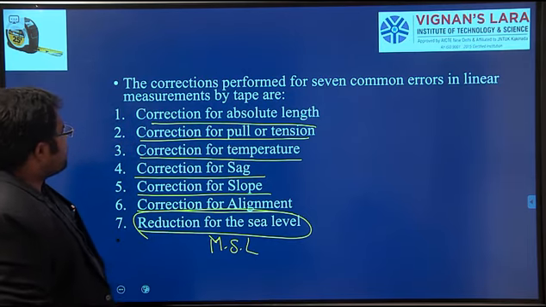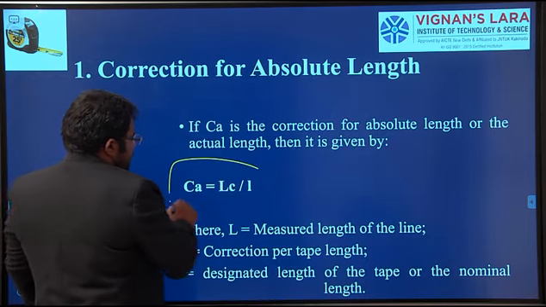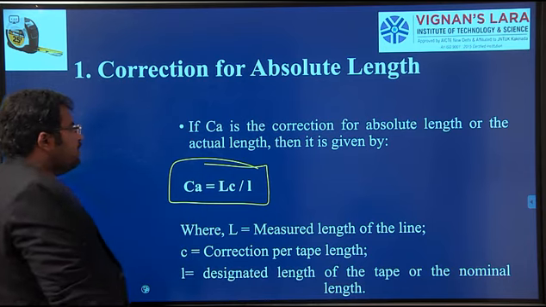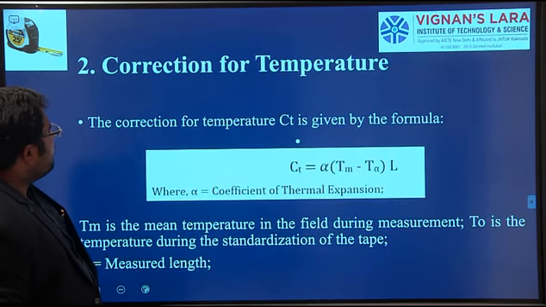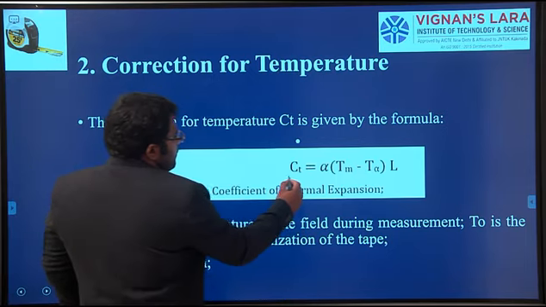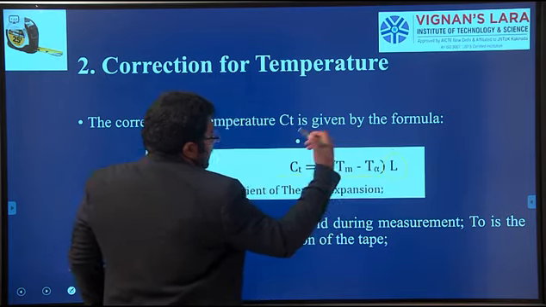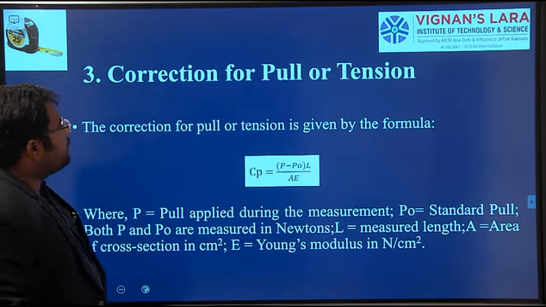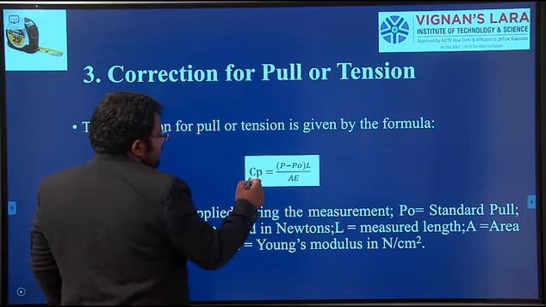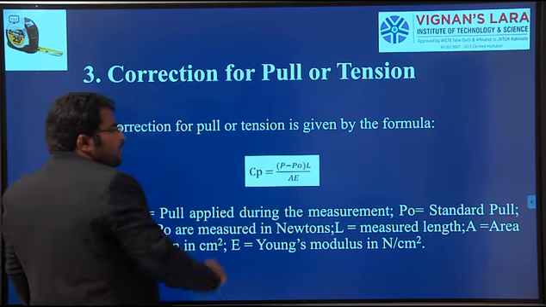Next, for correction for absolute length, we have a formula CA equals L into C by L. Then correction for temperature, CT equals alpha into Tm minus T naught into L. Next, correction for pull or tension, Cp equals P minus P naught into L divided by AE.